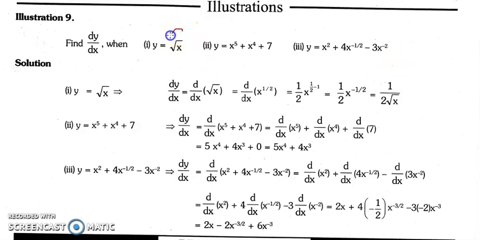As we can clearly see, this is root x, so it will of course be x raised to the power 1 by 2. Now the power of this function is 1 by 2, so 1 by 2 will come forward. So x raised to the power 1 by 2 minus 1, which means n minus 1. So 1 by 2 minus 1 will be minus half. So the derivative of root x would be 1 by 2 root x.